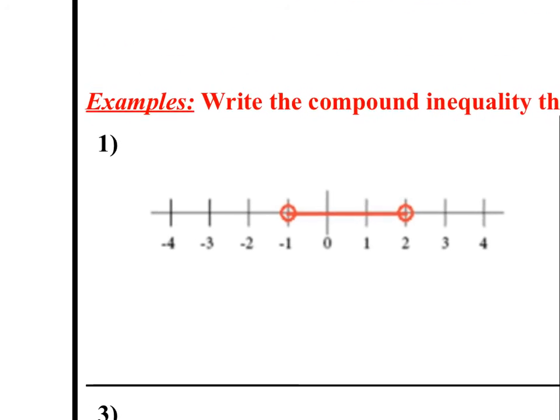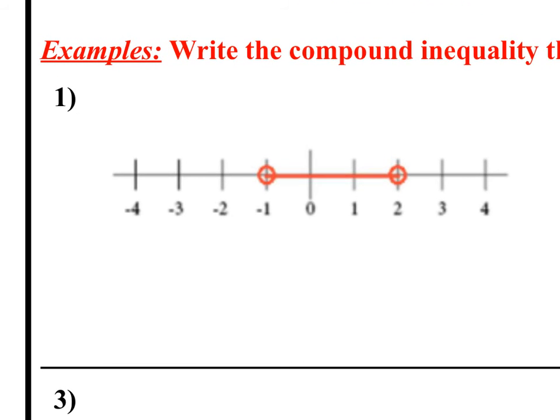Number 1. All right. This is a barbell kind of shape, so this is an and inequality. And we'll use x as our variable. So the x values, I want the smaller number on the left, bigger number on the right, which since you have a number line, it's already basically done for you. So -1 is my smaller number, and 2 is my larger number.